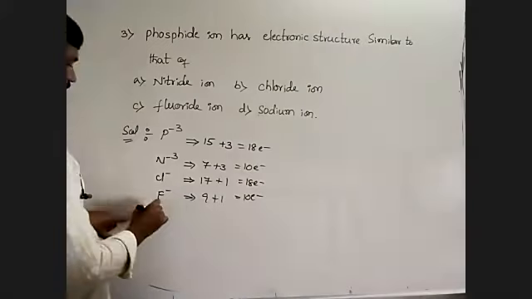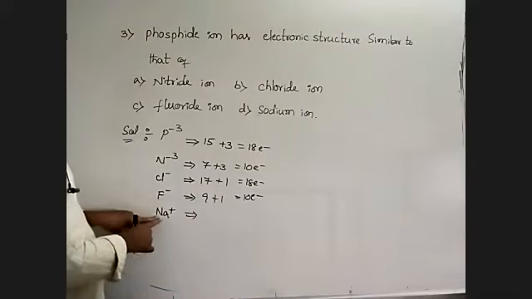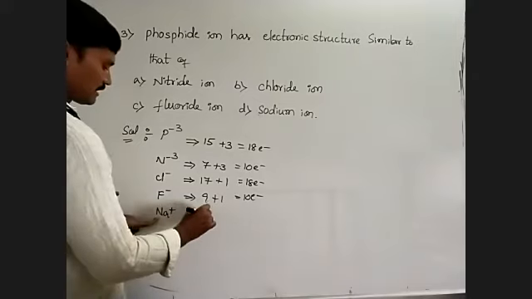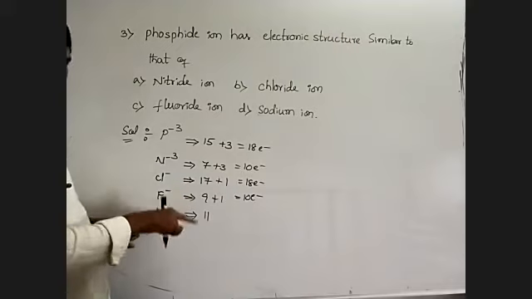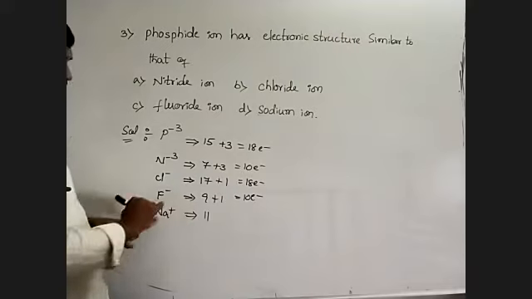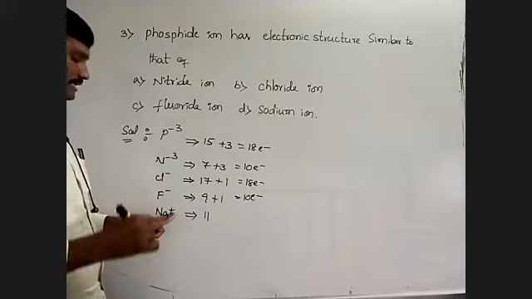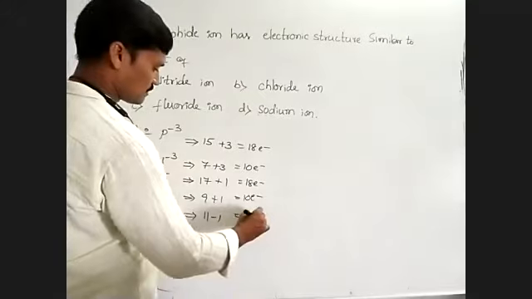Next, sodium ion, Na plus. Sodium atomic number is 11, so it contains 11 electrons. Plus means 1 electron is lesser, after losing an electron it forms plus. So 11 minus 1, that is 10 electrons.